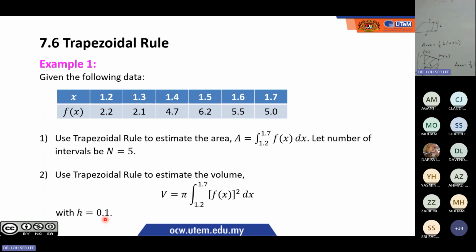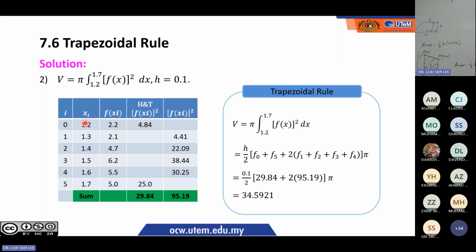The step size is 0.1. We are still using the same set of data, so your data starts from 1.2 up to 1.7 with a step size of 0.1. These are the corresponding f values. But what we want to estimate now is f squared, so you have to square all of these f and allocate them in the proper column.